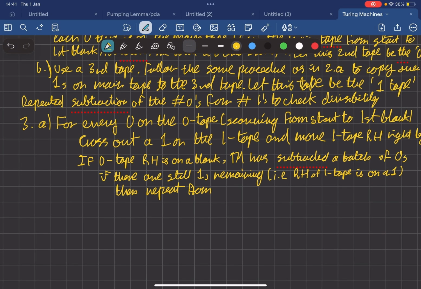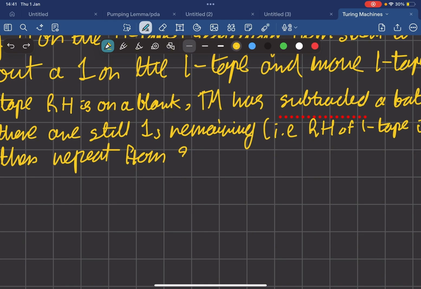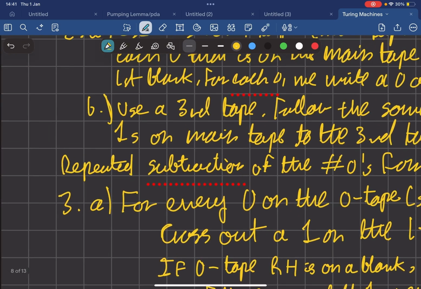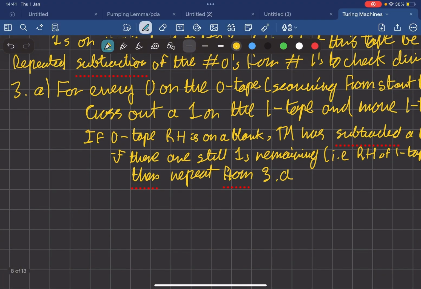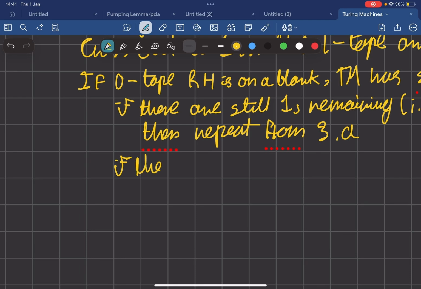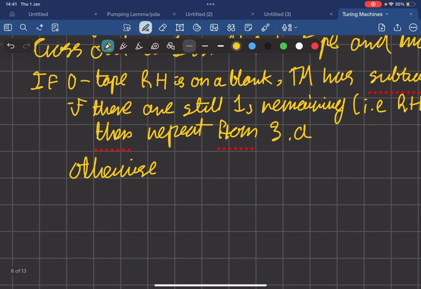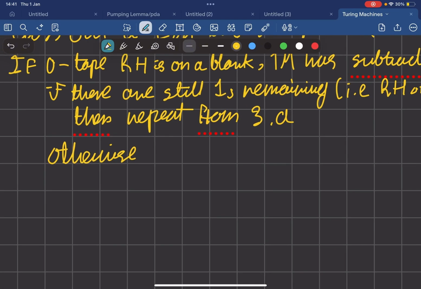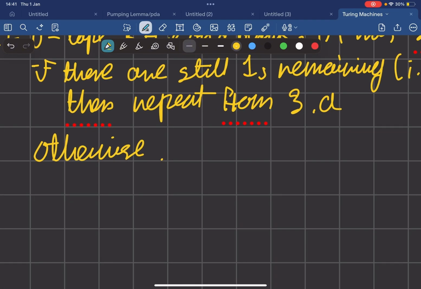So we're repeating from 3.A. And if there isn't a 1 remaining, otherwise, so if there's no 1 remaining, and we already finished subtracting a batch of zeros, that means we accept because the number of 1s was cleanly divided by the number of zeros. Otherwise, halt and accept.